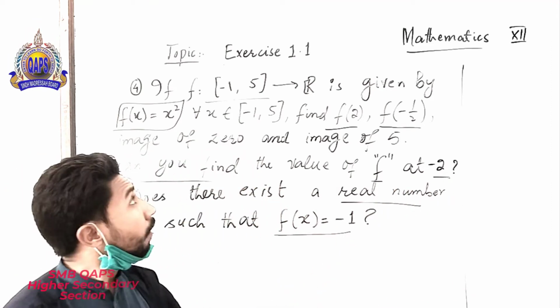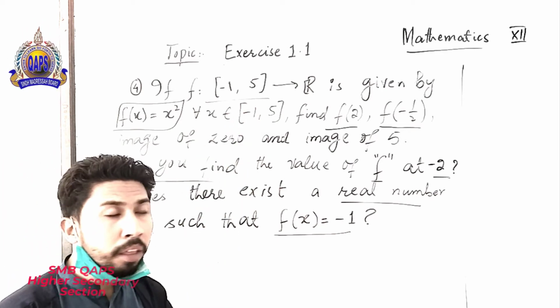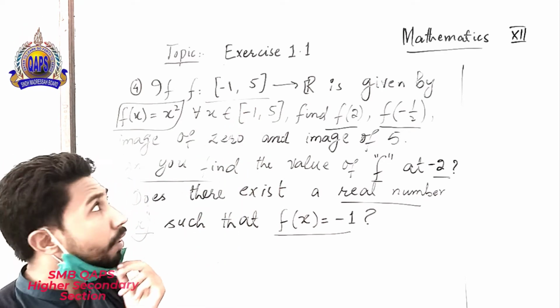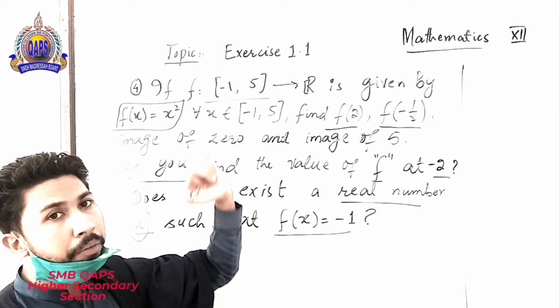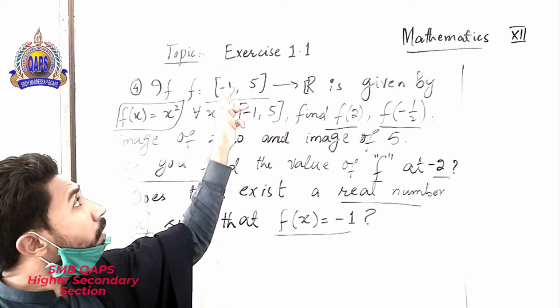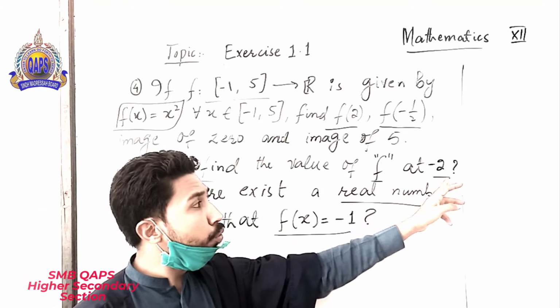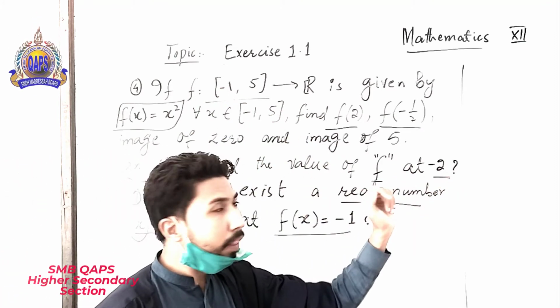You can see here there is an interval which starts from -1 and ends at 5. So here there is no -2 as a point x.